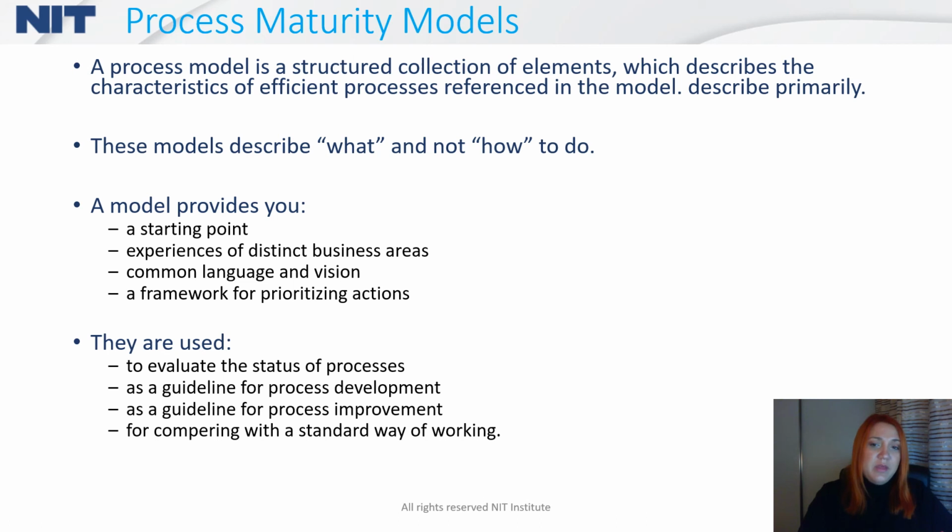We are finally coming to the key of our lecture, a process model. A process model is a structured collection of all the elements which describe the characteristics of an efficient process. They are not describing what we are doing, they are describing how to do it. They provide us a starting point, experience from distinct business areas, a common vision and, of course, a framework for how we can prioritize all the actions.